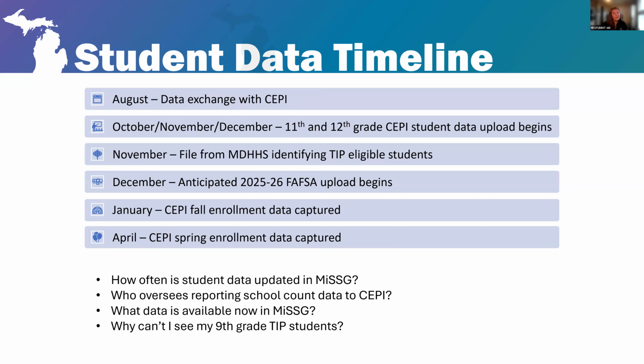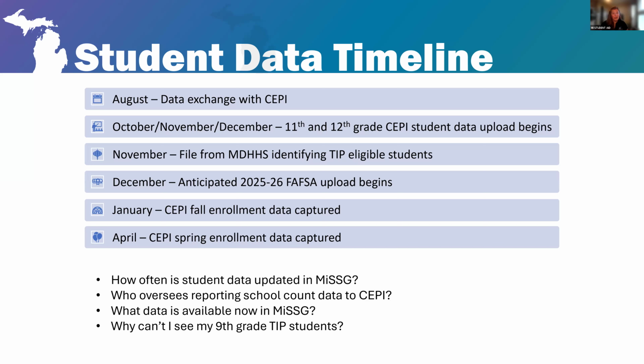I also got some questions saying, why can't I see my ninth grade TIP eligible students in MiSSG? And this is a really great question. We're always, within My Student Aid, encouraging you all to do outreach, to let your TIP eligible students know as early as ninth grade if they're eligible for TIP. And some of you, if you're doing that work, awesome.